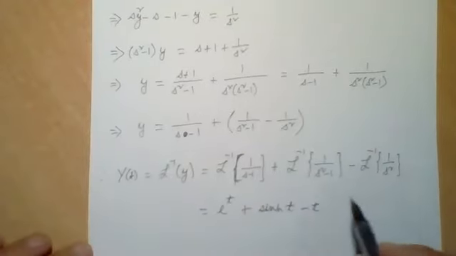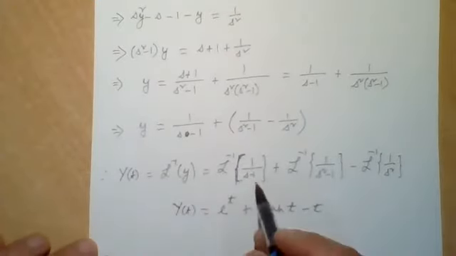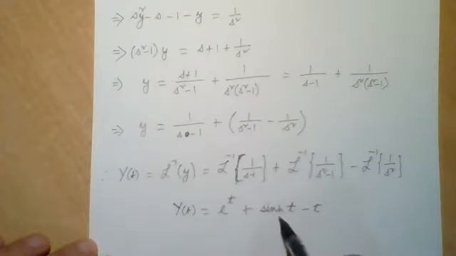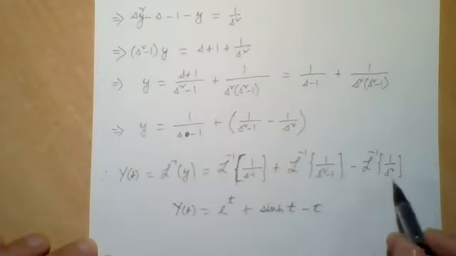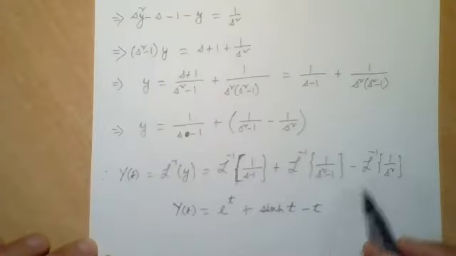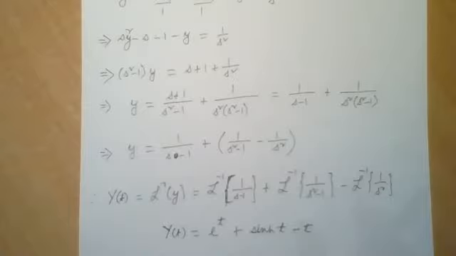So the final solution is capital Y of t equals e to the t plus sine hyperbolic t minus t. So this is the final solution. This is how we solve a given initial value problem by using the method of Laplace transforms.